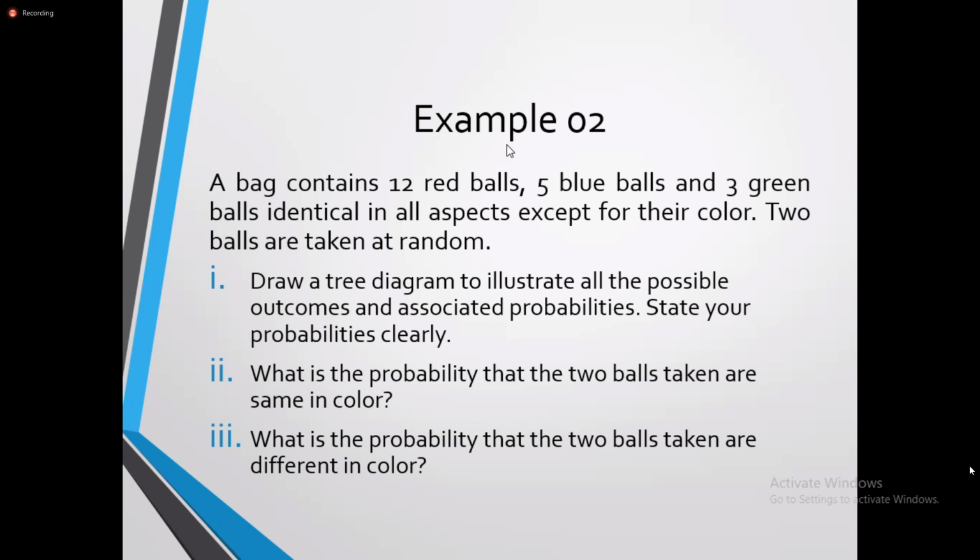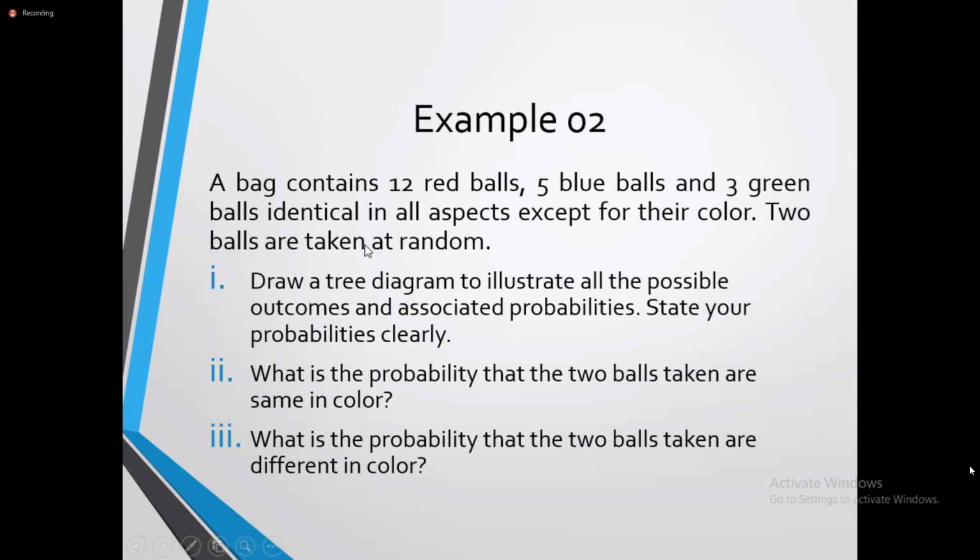Now, can you draw a tree diagram to illustrate all the possible outcomes and associated probabilities? And you have to state your probabilities clearly as mentioned in the first question.